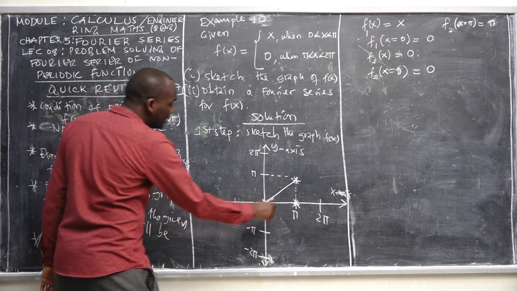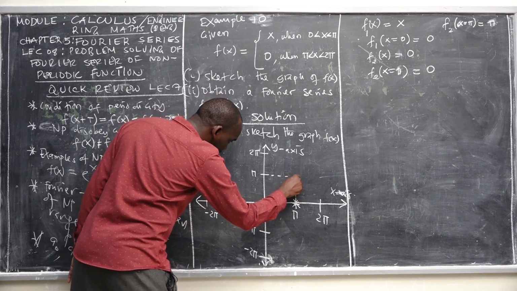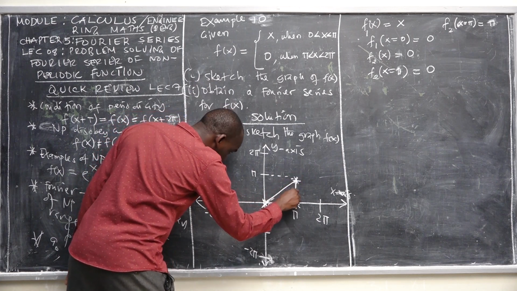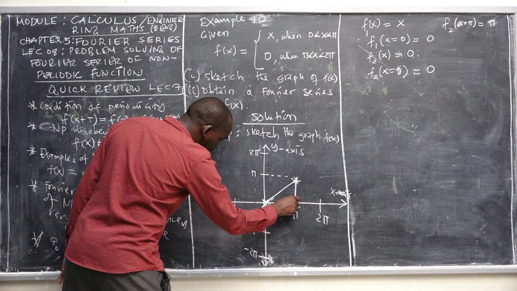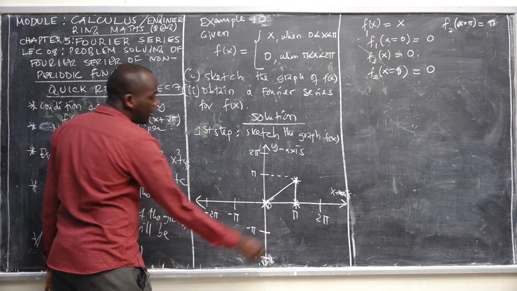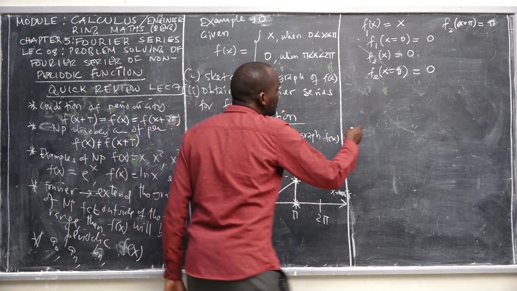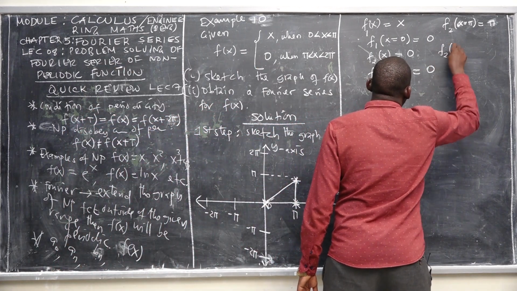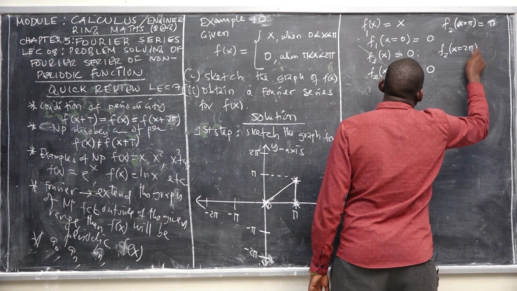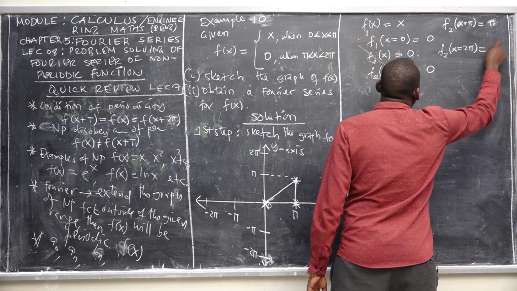So if that's the case, we draw the graph, or we join this point with this point, because now I'm at this point. Then we go for the next one. f2, when x is equal to 2 pi. So what is the value of y? Still 0.